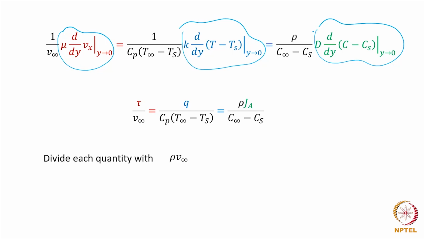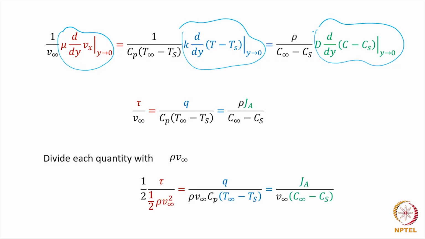Now we make a further analysis, and we divide every one of these three quantities with rho V infinity, and we obtain like this. We also divide with half and multiply with half for the first term alone, because tau by half rho V infinity square, going by our friction factor definition, would actually come out to be the skin friction factor.